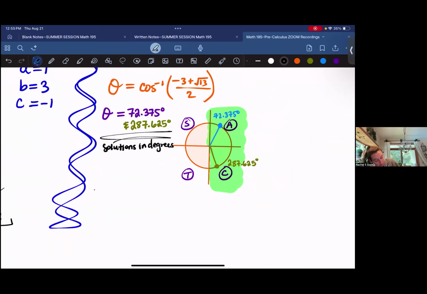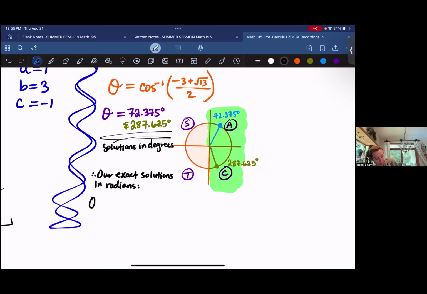But therefore, our exact solutions in radians are as follows.